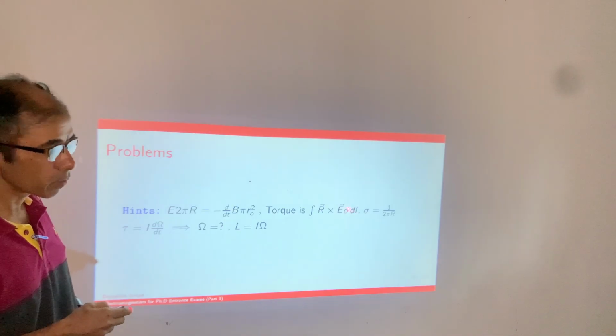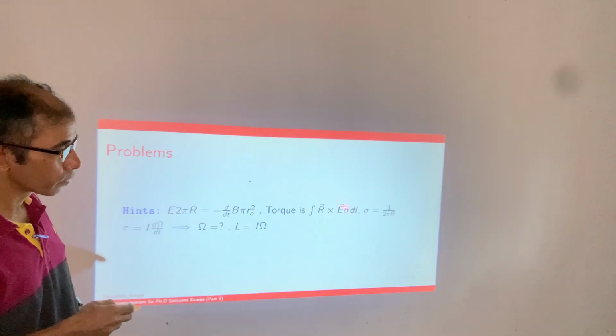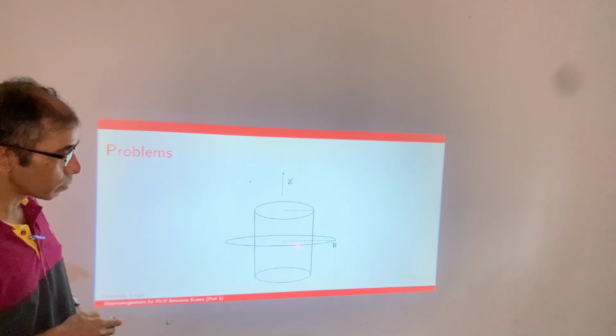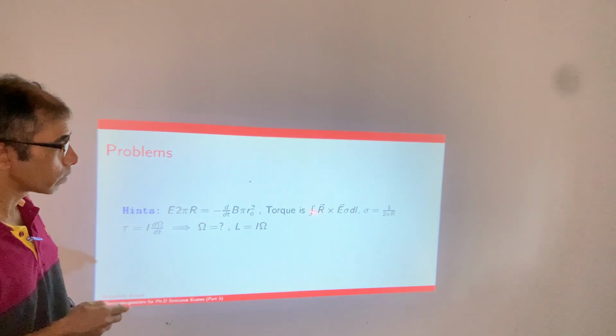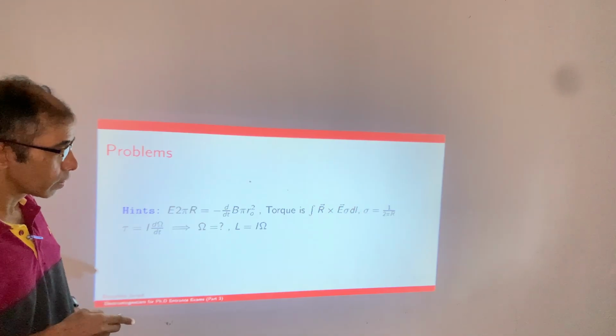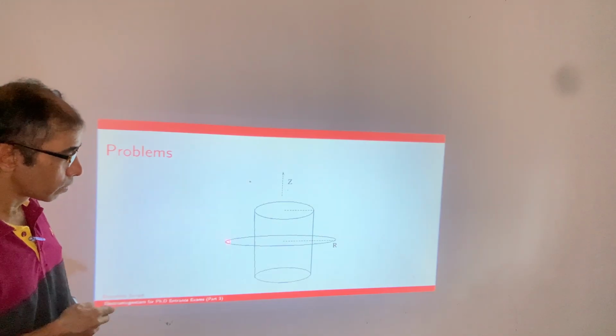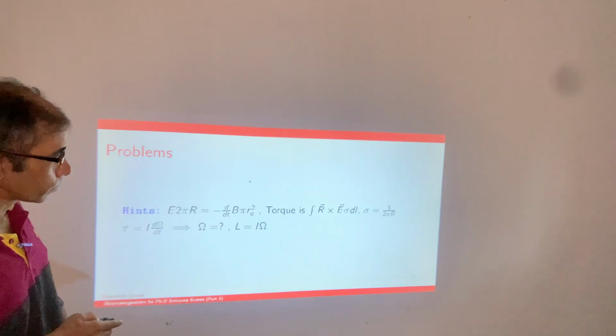Sigma into dl, where sigma is the line charge density. So the force acting on an infinitesimal length along the circumference is E sigma dl, right? So the total torque is R cross E sigma dl, and then we have to integrate this across the whole loop.